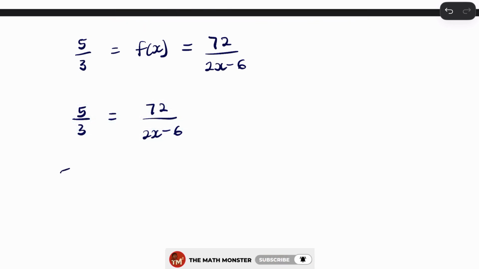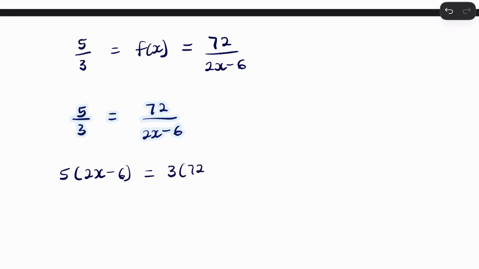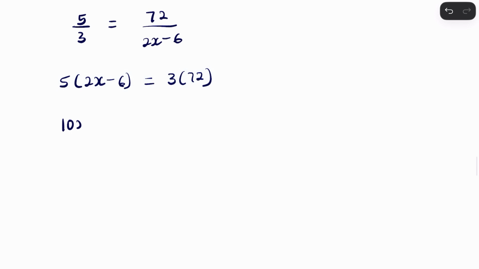So we're going to have 5 multiplying 2x minus 6 is equal to 3 multiplying 72. So we are going to have 10x minus 30 is equal to 3 times 72, which is going to give you 216, right?